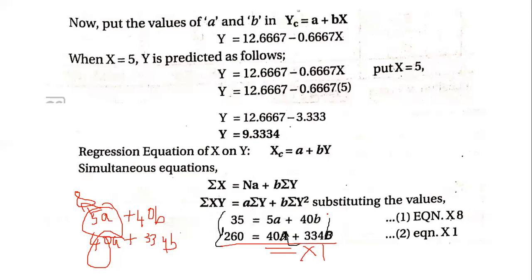So what I'll be doing is, I will multiply the first equation whole by 8. Why am I doing this? So that I get 40a here and 40a here, and I can eliminate this. So I will find the value of b. Fine. So that is why I equate.